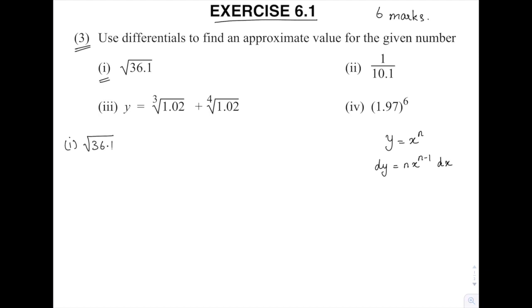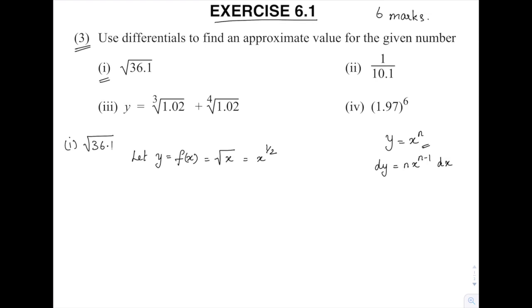Subdivision 1, square root of 36.1. First let's say that y is equal to f of x, which is equal to square root of x. That means x to the power of 1 by 2, just trying to write it in the same format as in the formula.